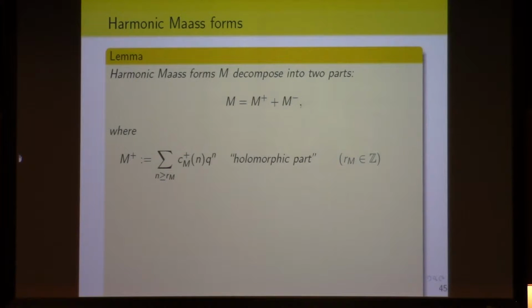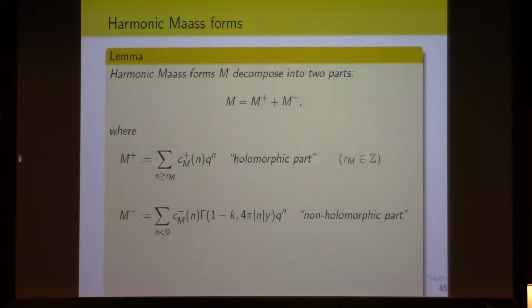This resembles the Fourier expansion for ordinary modular forms, but there's more. Think of our example, due to Zwegers, with the Mock theta functions. There's some nice q-expansion, and then something that is not holomorphic that needs to be added. So the non-holomorphic parts, here I've written them down as sums over all negative integers.